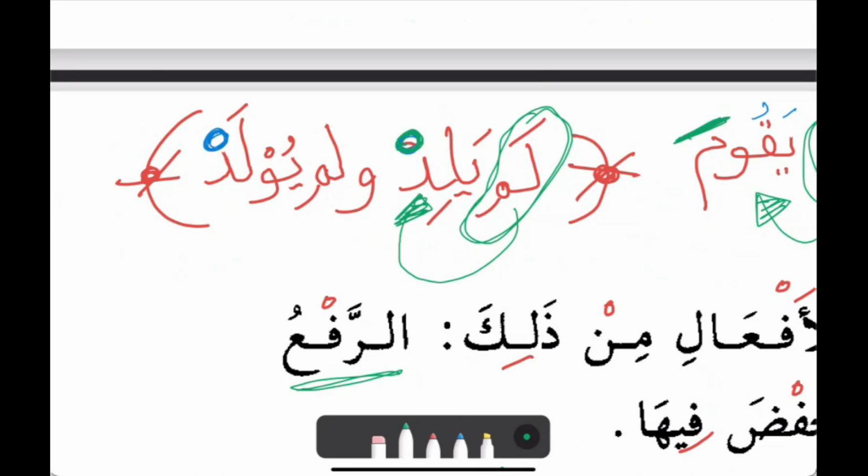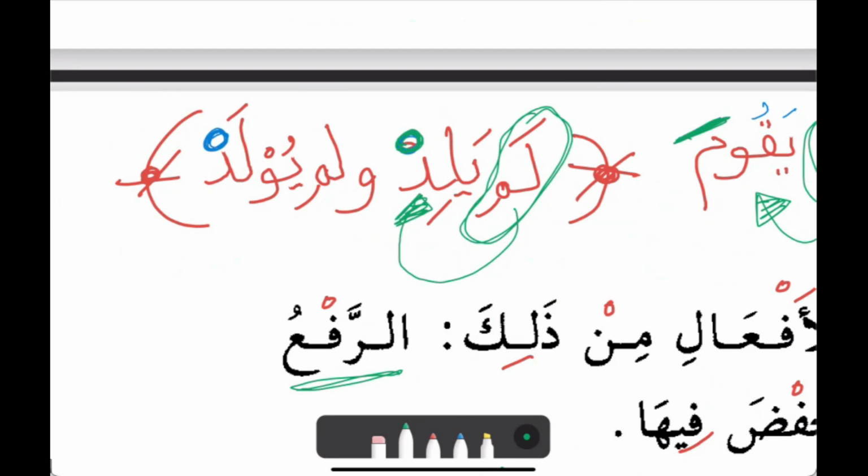But there's something actually I need to mention for you. Lam is a negating particle and jazm particle. Yalid fi'lun mudari'un majzoom, is a mudari' verb that's majzoom. Wa alamatu jazmihi sukoon. The sign of jazm is sukoon. And then what you must say, wal fa'il, and the doer.